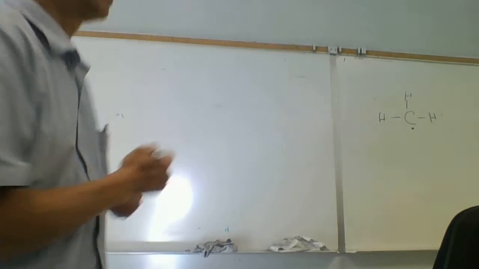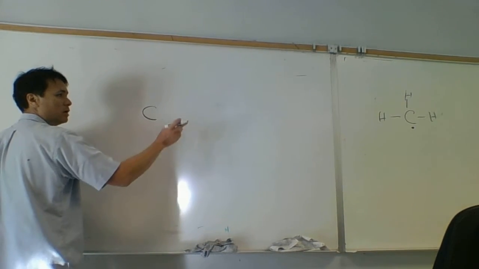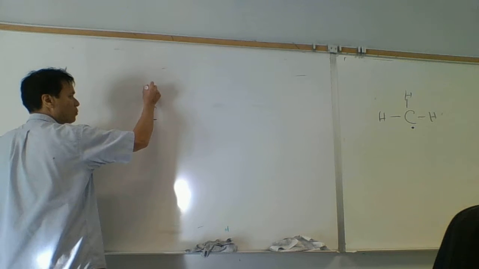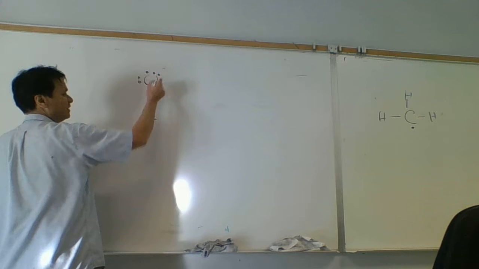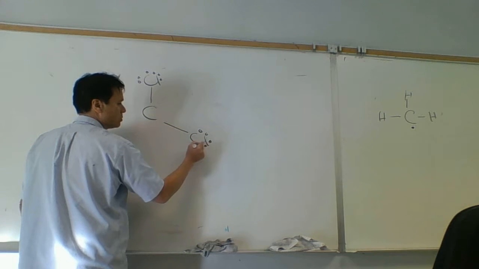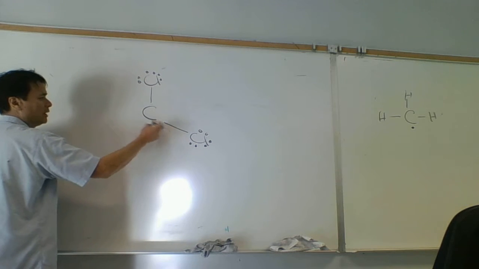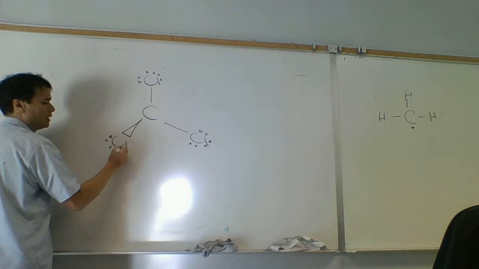Do you guys know how to draw a tetrahedral on the board or on paper? We'd have a carbon here, and then how do I draw the others? Well, I'm going to draw like that. One bond to chlorine in the plane like this, and then one bond to chlorine in the plane like this. So I put two in the plane, and that means one sticks out and the other sticks in.